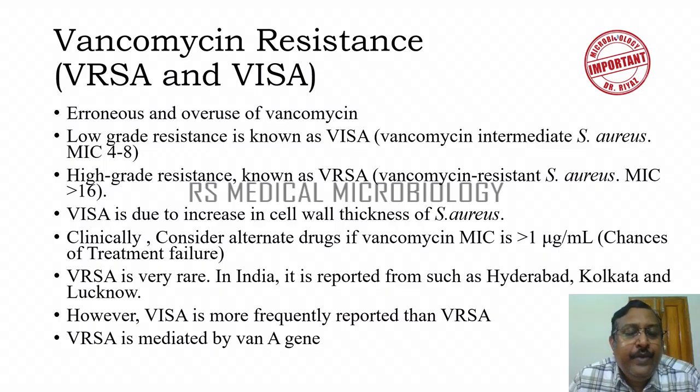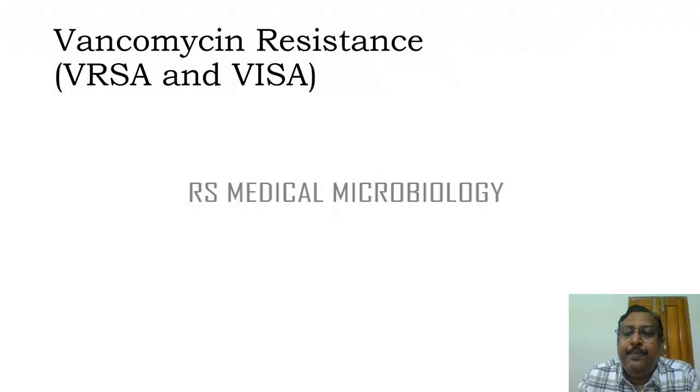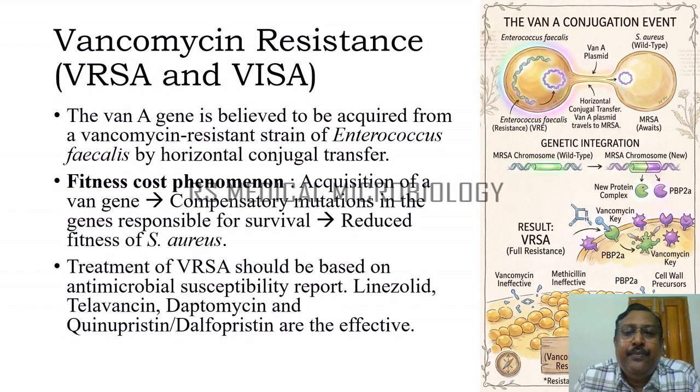VRSA has been isolated in a few parts of India. However, VISA is much more frequent, and this is basically mediated by the VanA gene. So from where did this VanA gene come? That came from Enterococcus faecalis via horizontal conjugal transfer.